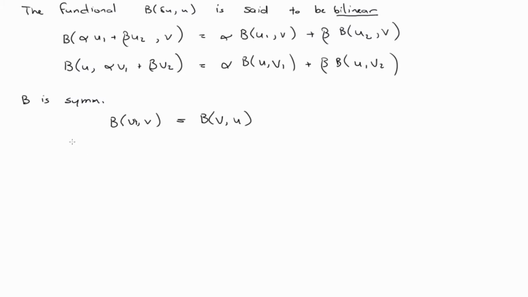And so if we have something that's bilinear and symmetric, then B(del u, u) is equal to 1/2 del B(u, u), right?